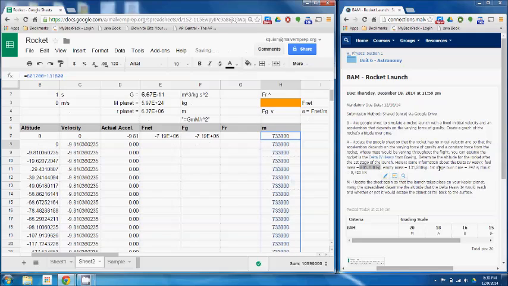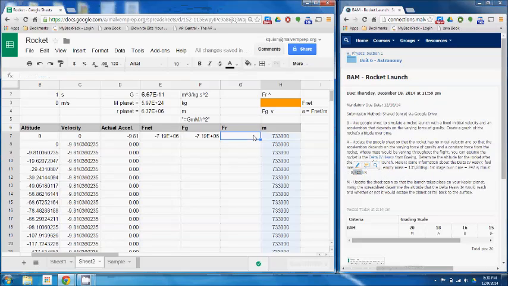The thrust of the rocket is 9,420 kilonewtons. Remember, kilo means 10 to the 3, and this is already in the thousands. So the thrust from the rocket is 9.42 times 10 to the 6 newtons.